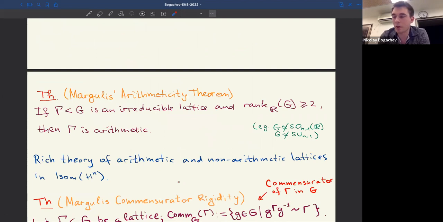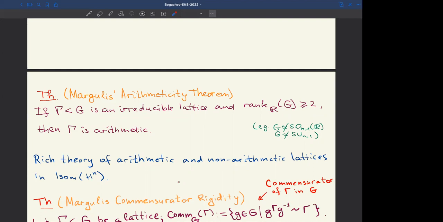Now we understand that arithmetic groups are lattices, but it's very interesting to pose the opposite question: if we have an irreducible lattice, then is it arithmetic or not? And approximately in 1974, Margulis proved his famous superrigidity and arithmeticity theorems, which generally state that if gamma is an irreducible lattice in the Lie group G, and the real rank is greater than 1, then gamma is actually arithmetic.